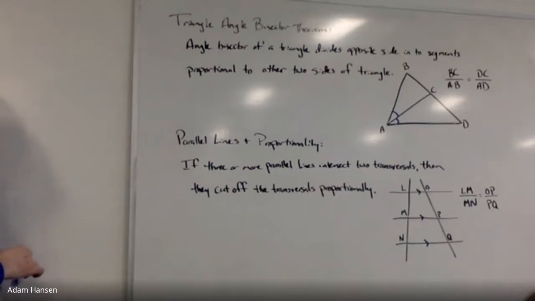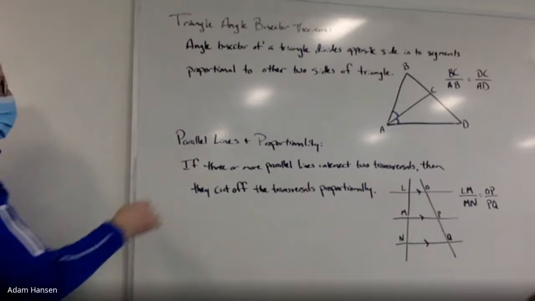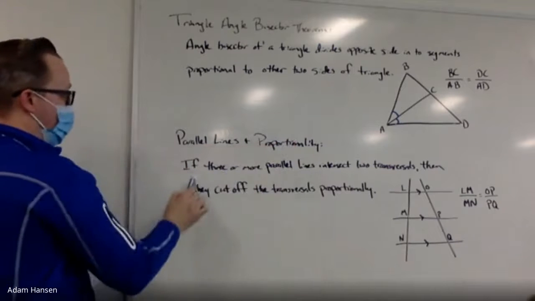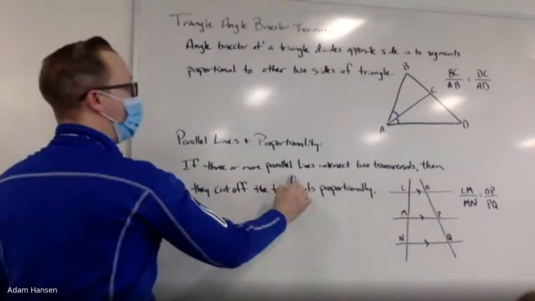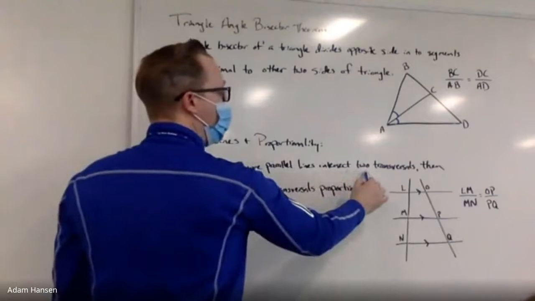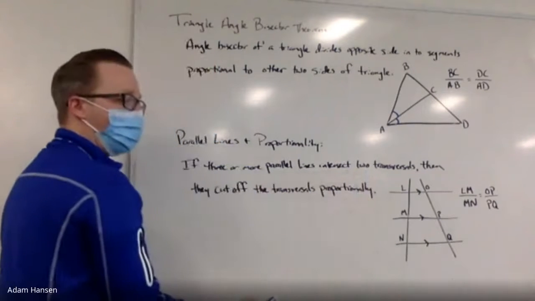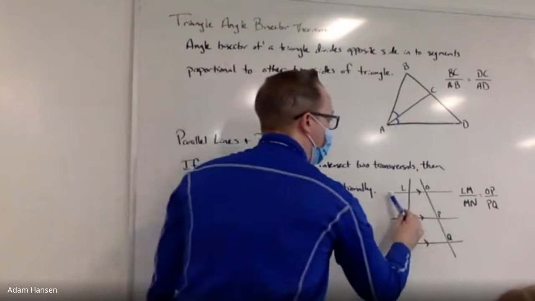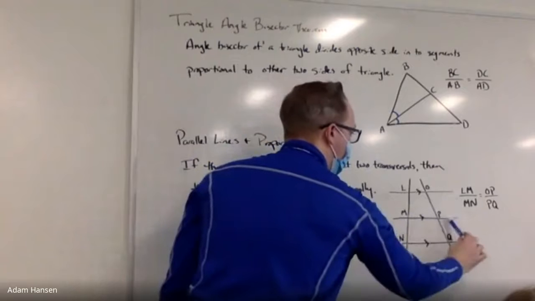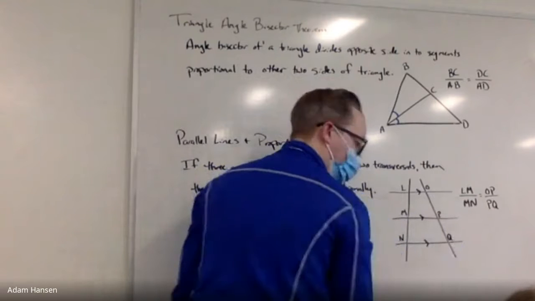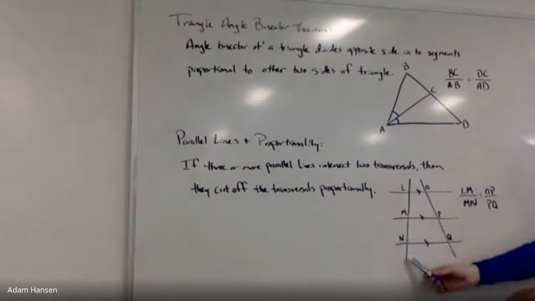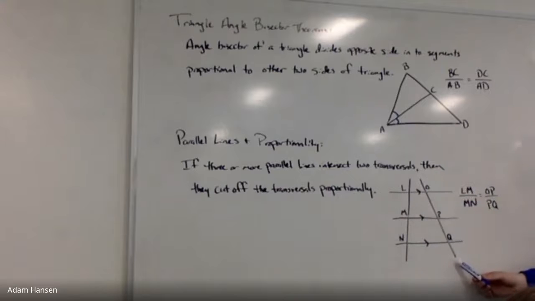Okay, that's the proportional parts of triangles. Let's look at proportional parts of parallel lines in this next statement. If 3 or more parallel lines are being intersected by 2 transversals, let's look at the figure below. Three parallel lines, LO, MP, and NQ, running left and right, are being cut by 2 transversals running from top to bottom.